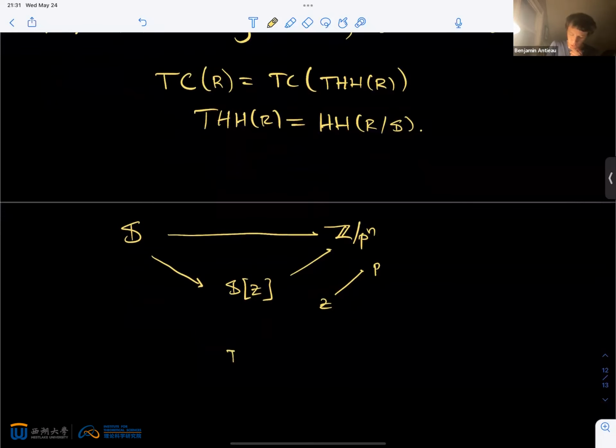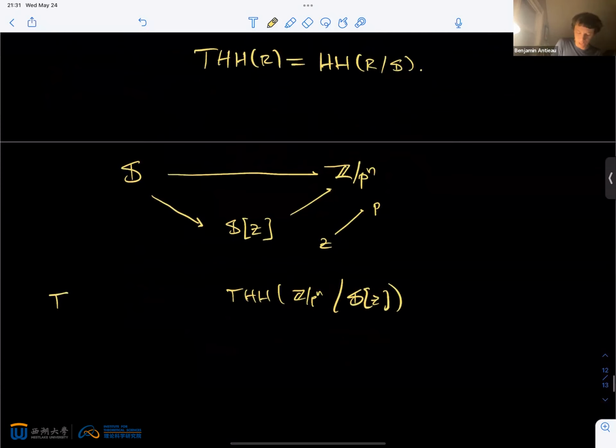And so I can also consider THH of Z mod p to the n over S adjoin z. And there's a map from THH to here.